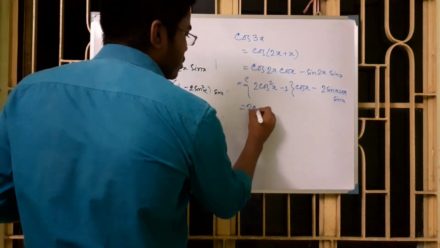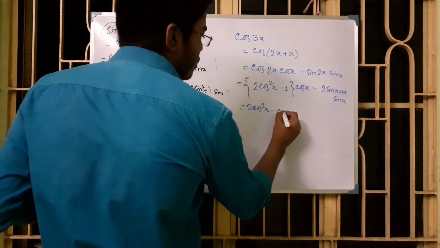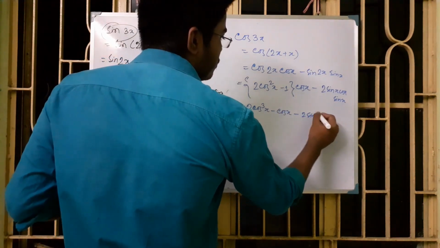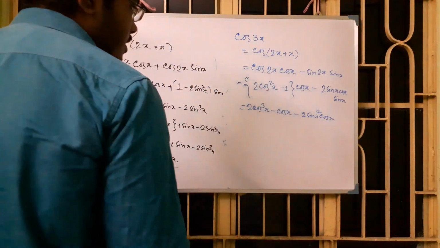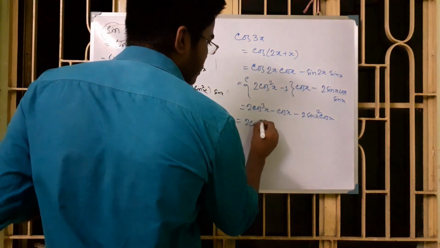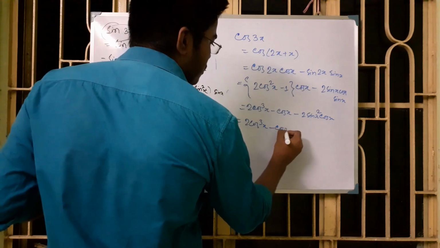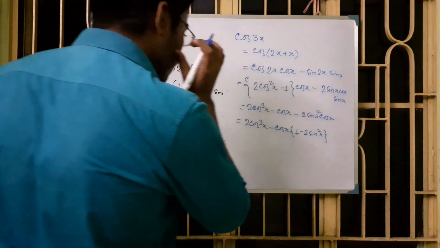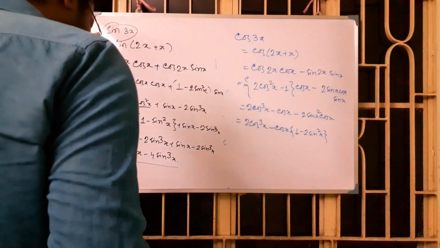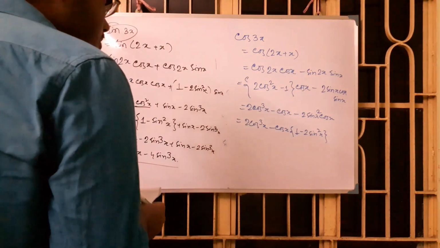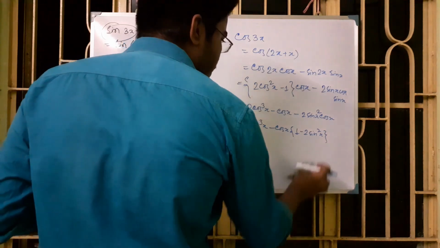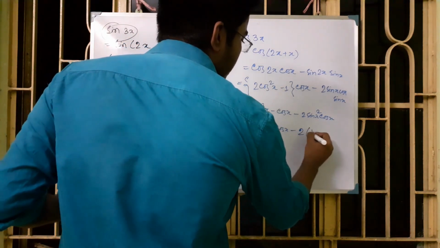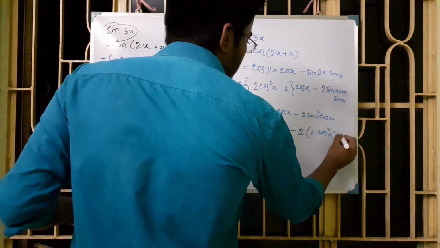Now 2 cos cube x minus cos x minus 2 sin x into 2 sin square x into cos x. 2 cos cube x, take minus cos x common, 1 minus 2 sin square x, or you can simply convert it into 1 minus cos square x.